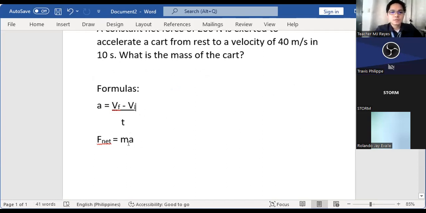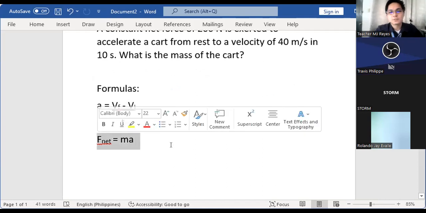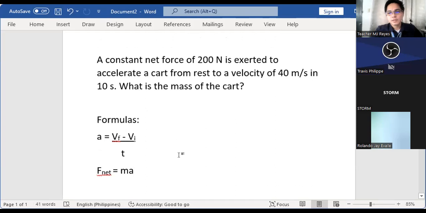Since mass is what is asked, you need to derive a formula out of this base formula. I'll give you around 15 minutes to answer this, and we will answer this all together. I want everybody to share their answers. Time starts now.